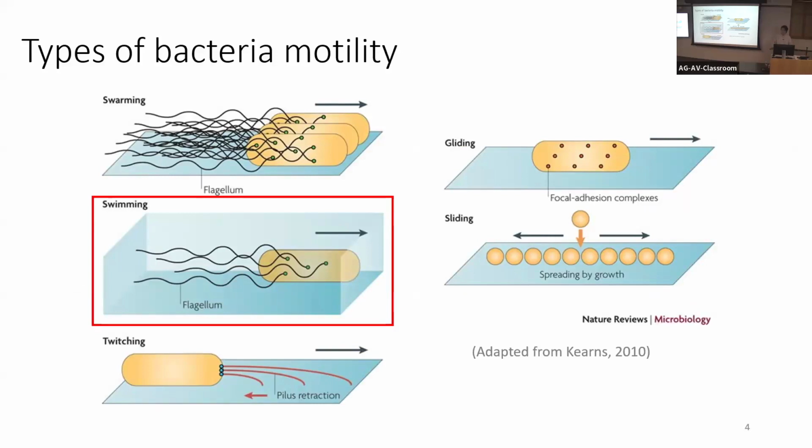So what motility are we talking about? There are a total of 5 different types of motility present in bacteria, and we're mostly concerned about swimming motility in this strain. Several features of swimming motility I'd like to point out: 1, it requires the bacteria to be inside a certain liquid or semi-liquid environment. 2, it needs the flagellum as the main organ, or the main structure it relies on to facilitate the movement.